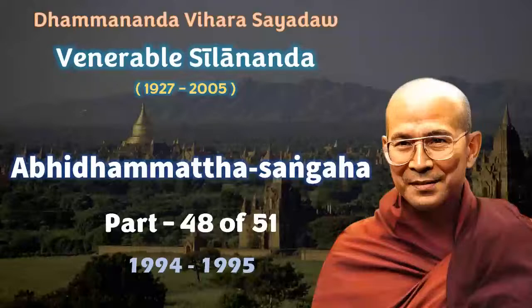And then on page 326 again, such terms as person, individual and the like, so named on account of the 5 aggregates. That means a collection of 5 aggregates is called a man, an individual, a woman, and so on.